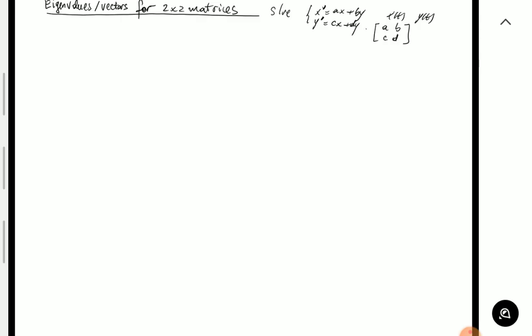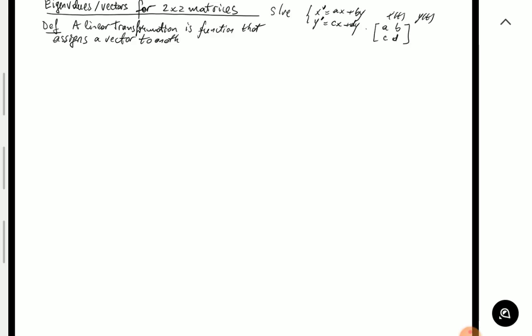In the context of linear transformations, let's write a quick intuitive definition here. A linear transformation is a function that is defined on vectors. A linear transformation is a function that assigns a vector to another vector.